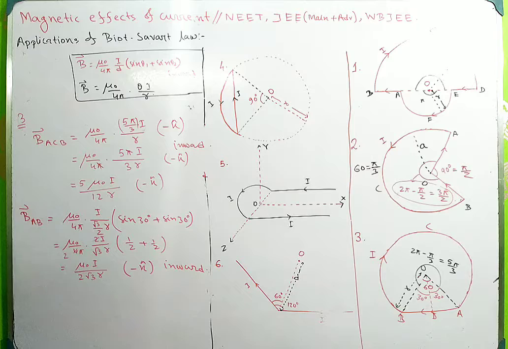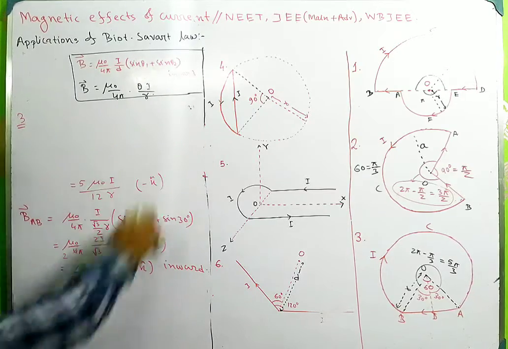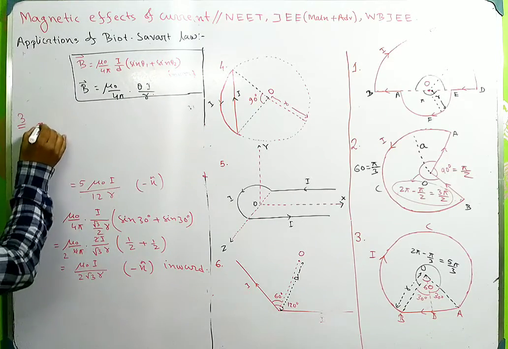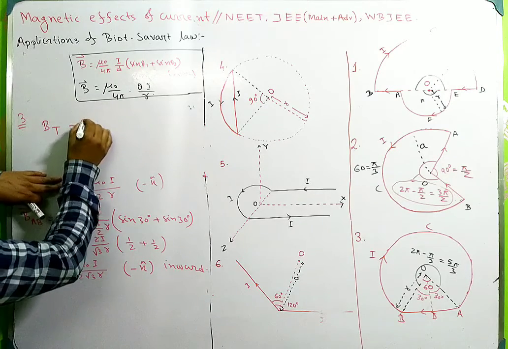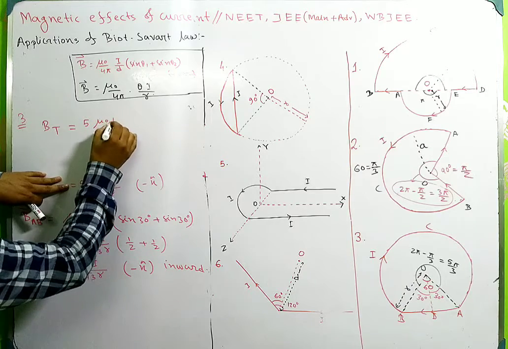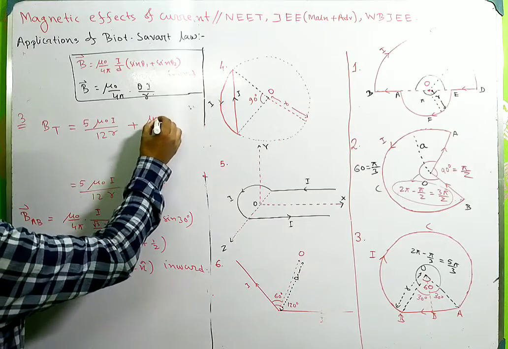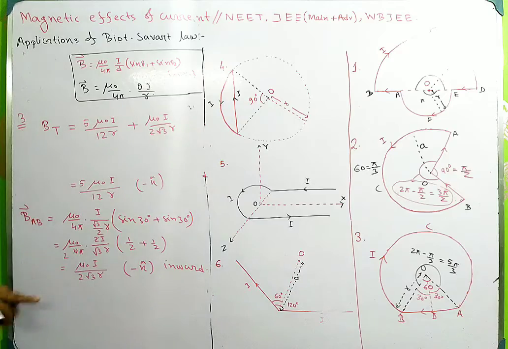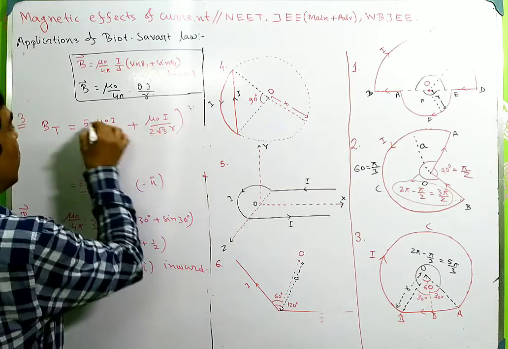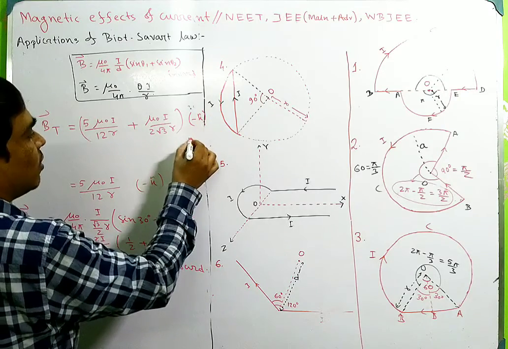So the total magnetic field at O is given by these two portions, that means 5 mu 0 I divided by 12R plus mu 0 I by 2 root 3 R. And the direction must be the negative z axis, that means inward.